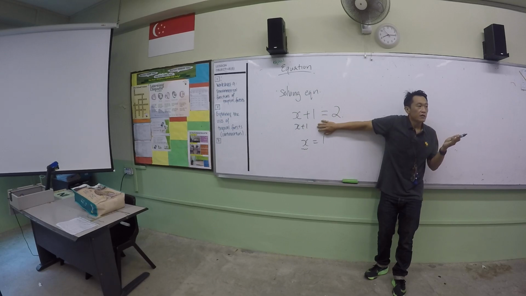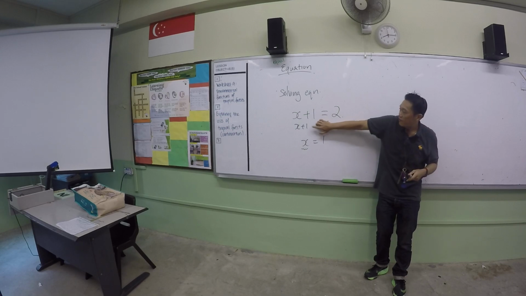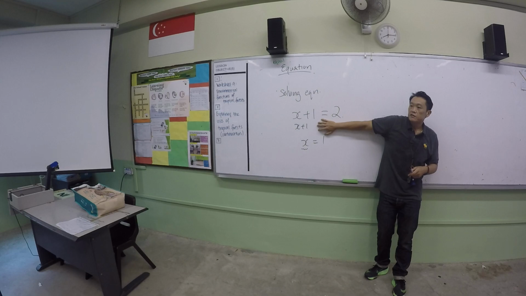Okay? Then, Akshay gave the right answer. I have 1 here. I don't want a 1 here. So, 1 minus 1 will become 0. Agree? This one we learned since kindergarten. 1 minus 1 is 0, right?